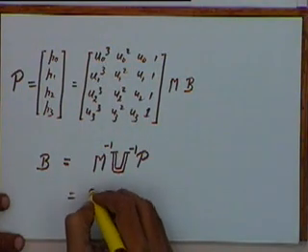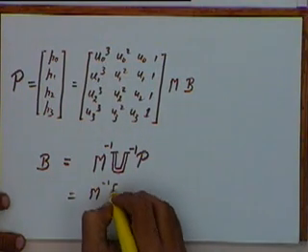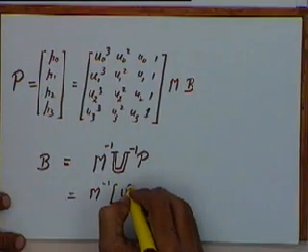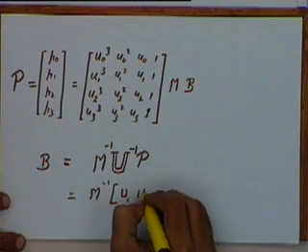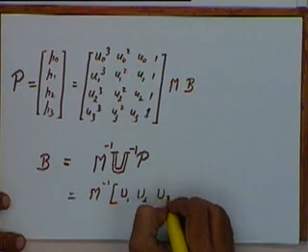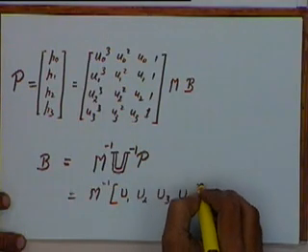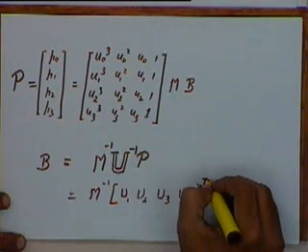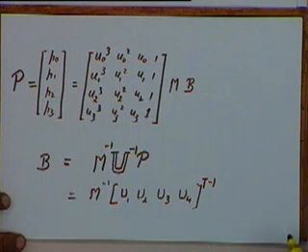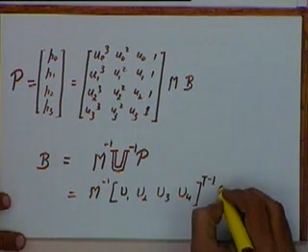This is nothing but M inverse multiplied by the inverse of the transpose of the matrix of u0, u1, u2, u3, multiplied by P.